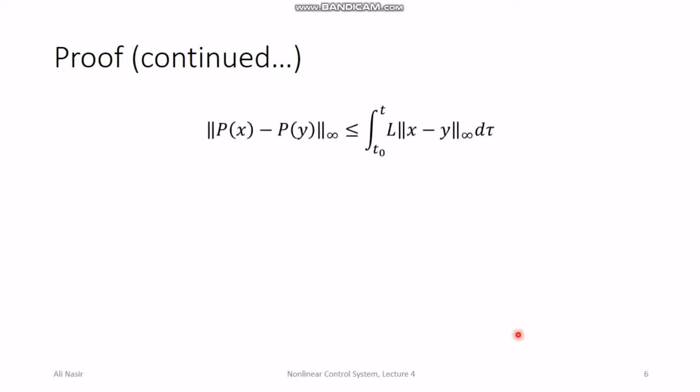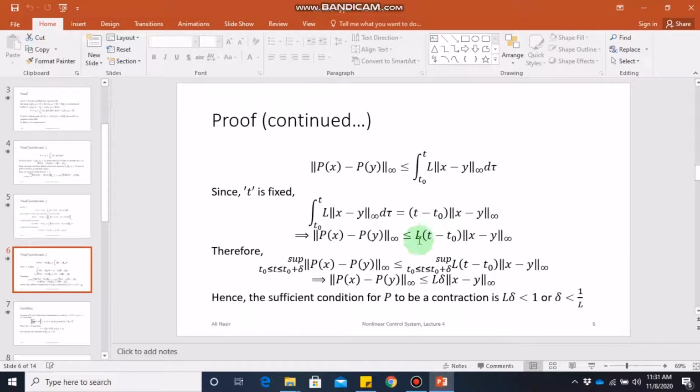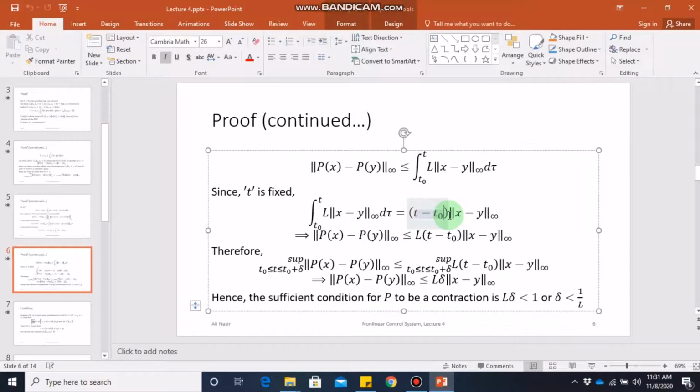Next, we perform this integral, because here we have fixed t, so these are not functions of time, so the integral of this whole thing will be t minus t naught times the norm of x minus y, and this L does not disappear, this L is still here. I have missed it in writing, so I will just put it back.